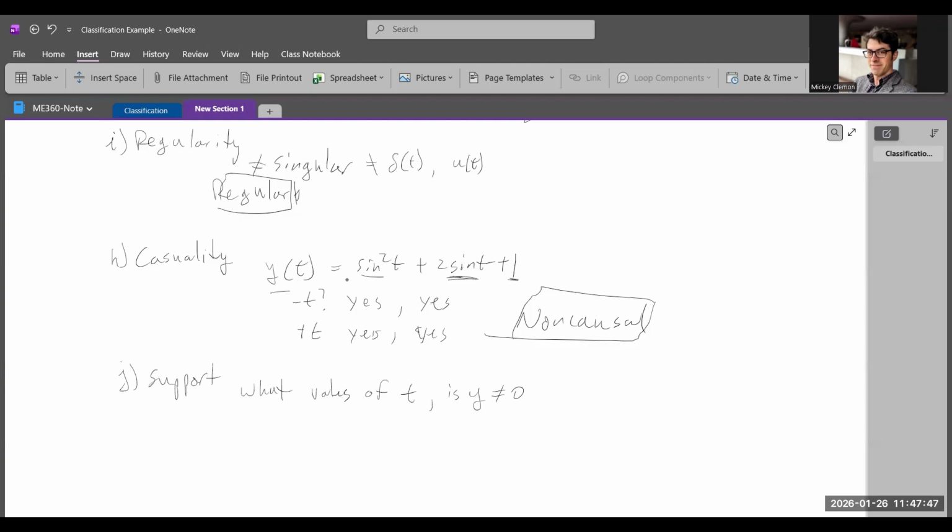Looks like it is always for any value of t. So t from minus infinity to infinity, y has values that are non-zero, which means this is non-compact support.